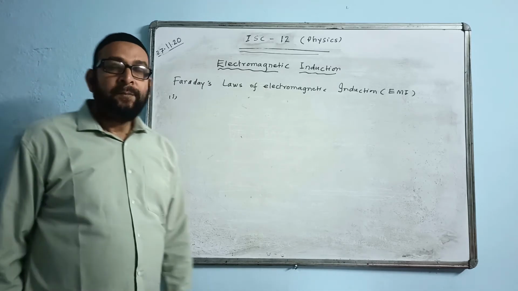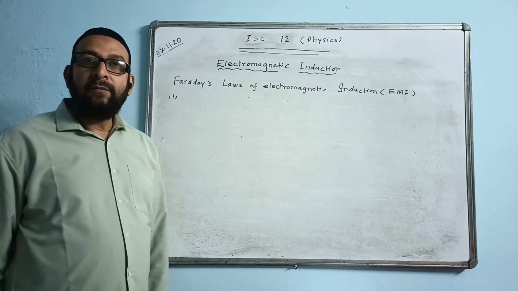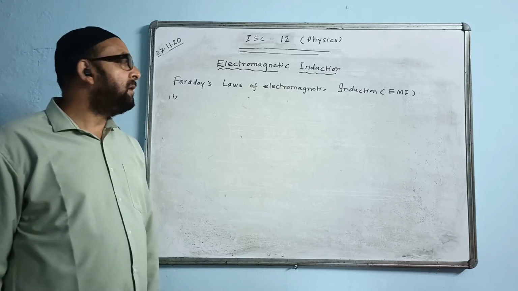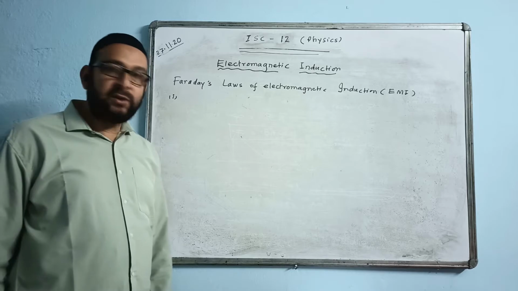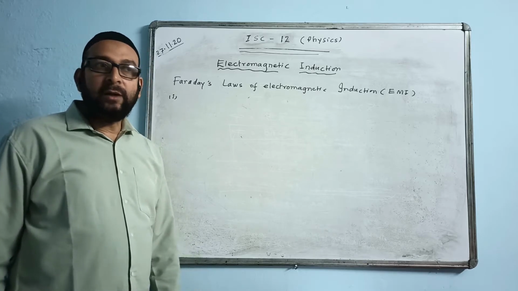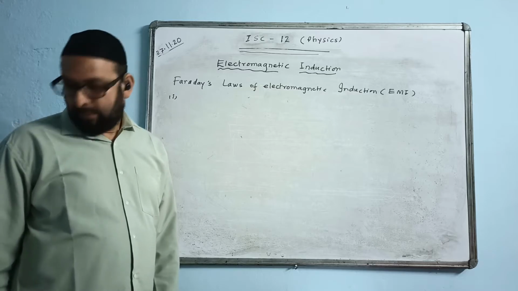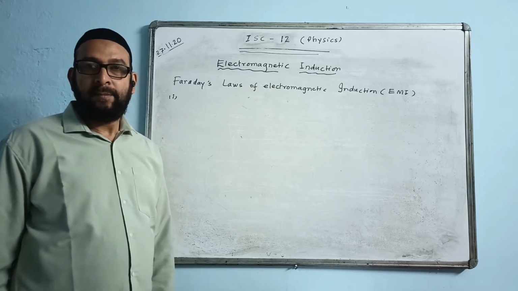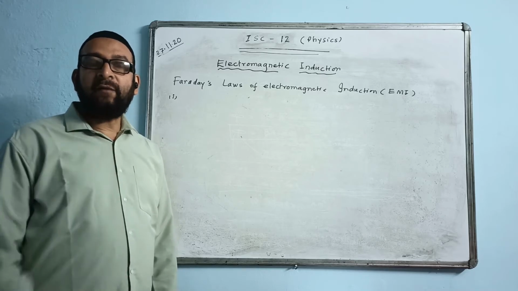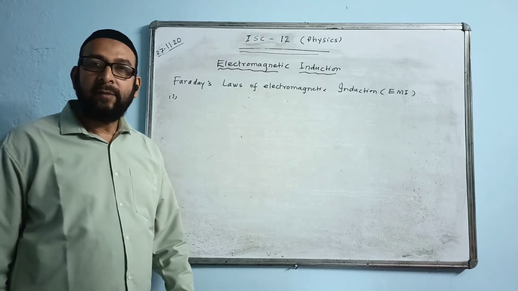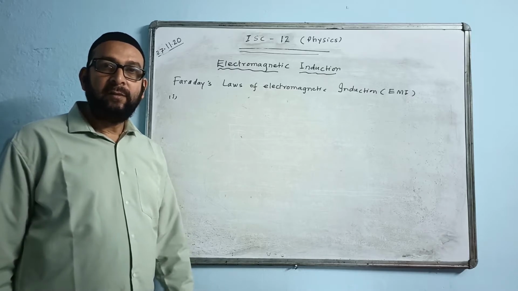He said, please write it down: whenever there is a change in the magnetic flux linked with a coil, there is an induced EMF and current in the coil.